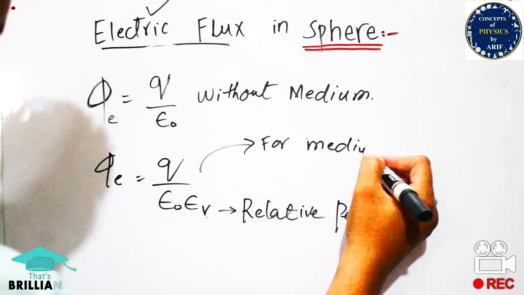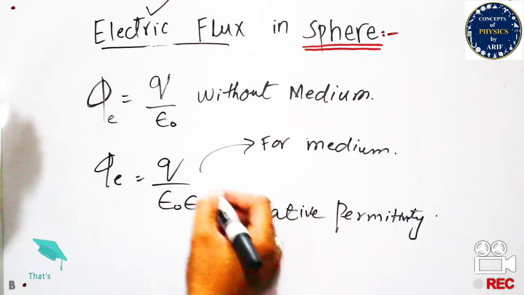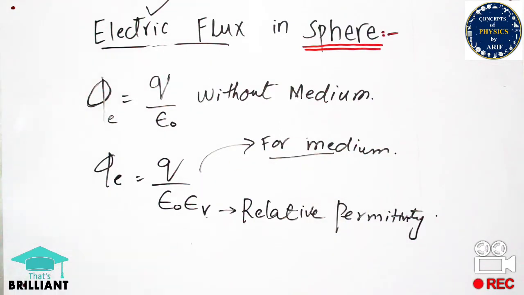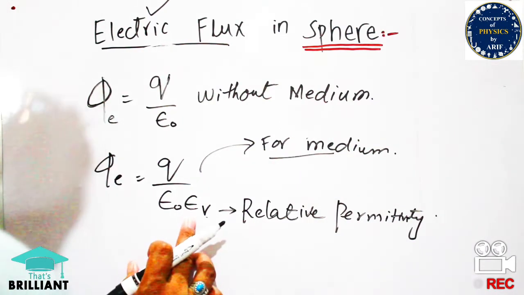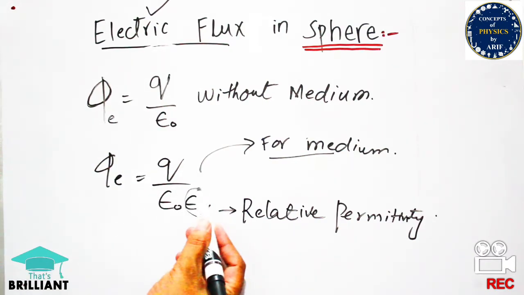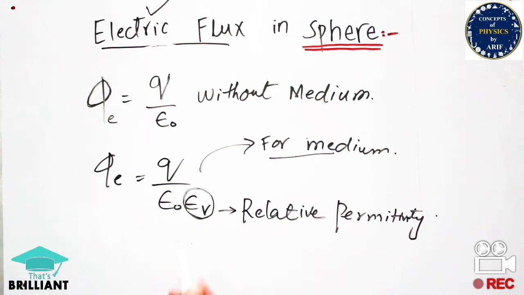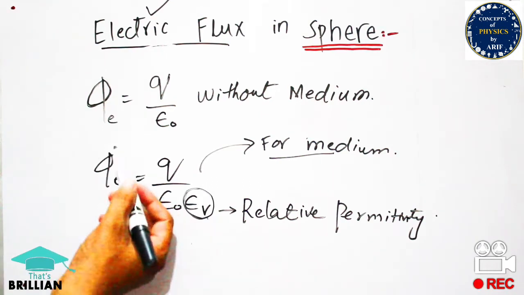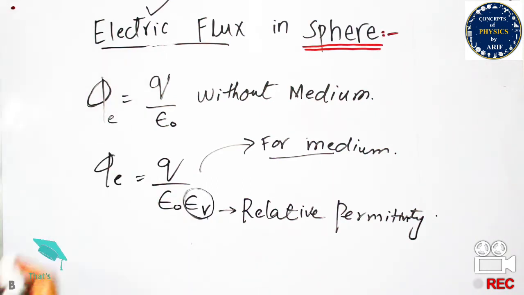So when we place some medium in the sphere, between the spherical surface and the charge, then the flux may increase or decrease depending upon the relative permittivity of the medium. And these are the two formulas, without medium and with medium, with which we can find the flux from this region.